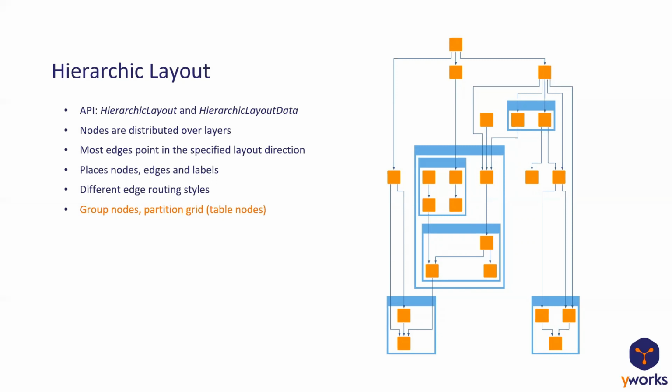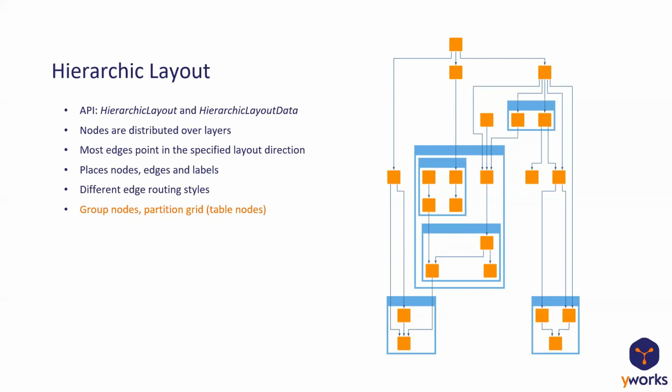It doesn't matter how complicated the nesting is. And partition grid or table nodes are another feature, not shown now, but it's a table where you can organize and also separate elements by putting them into different rows or columns.